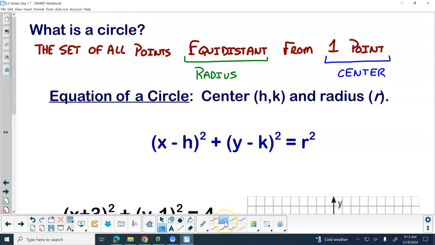Once again, I remind you that h and k are both located inside parentheses. So how do we think about h and k when we're looking at the formula? Oppositely. Yep. Okay. So remember that we think opposite.